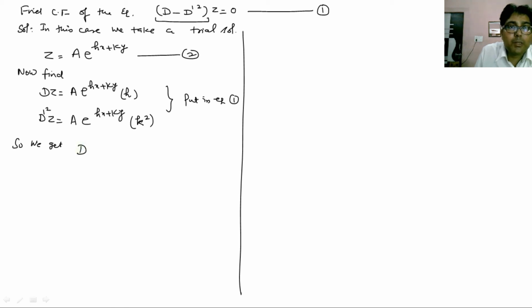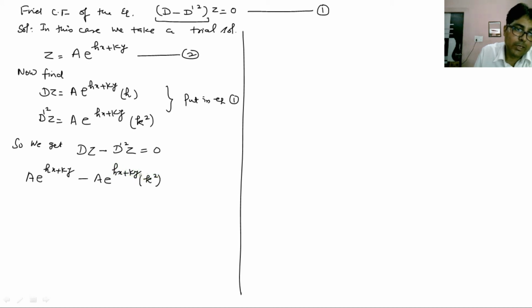The equation is Dz - D'^2 z = 0. The value of Dz is a e^(hx+ky) h, and the value of D'^2 z is a e^(hx+ky) into k square, equal to 0.